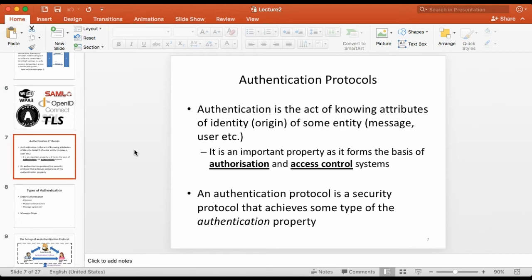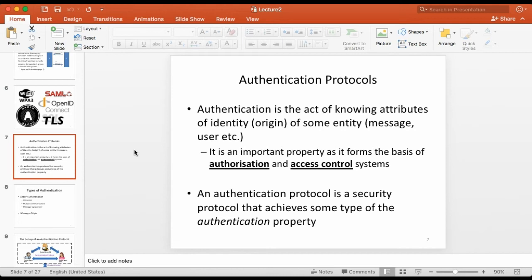It's a very important property, because without authentication, it is nearly impossible to achieve authorization and access control. We will talk later in the unit about access control, which is essentially giving authorized access to your resources to certain people or programs or entities. And without knowing those people or entities, or knowing certain attributes about them, it is impossible for you to achieve such a thing.